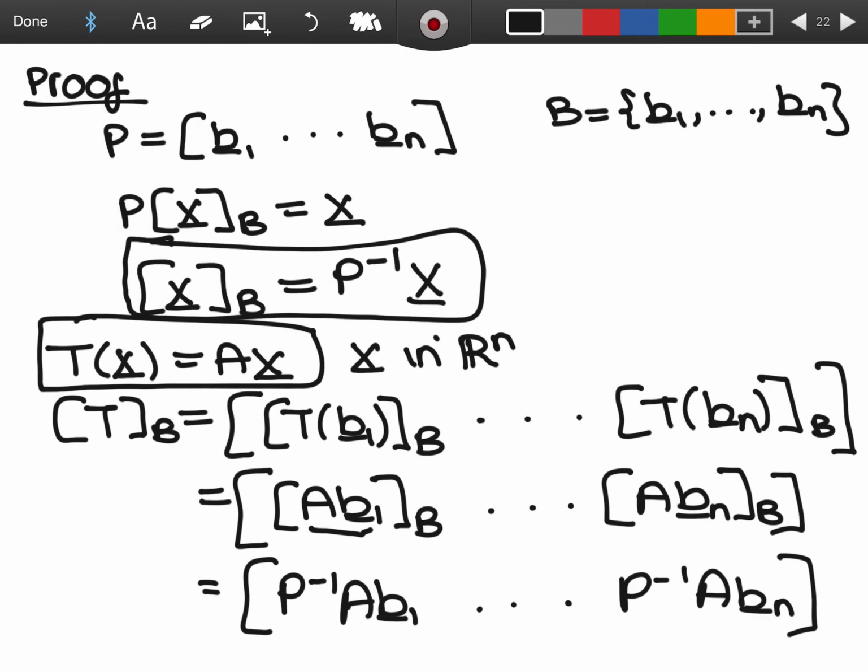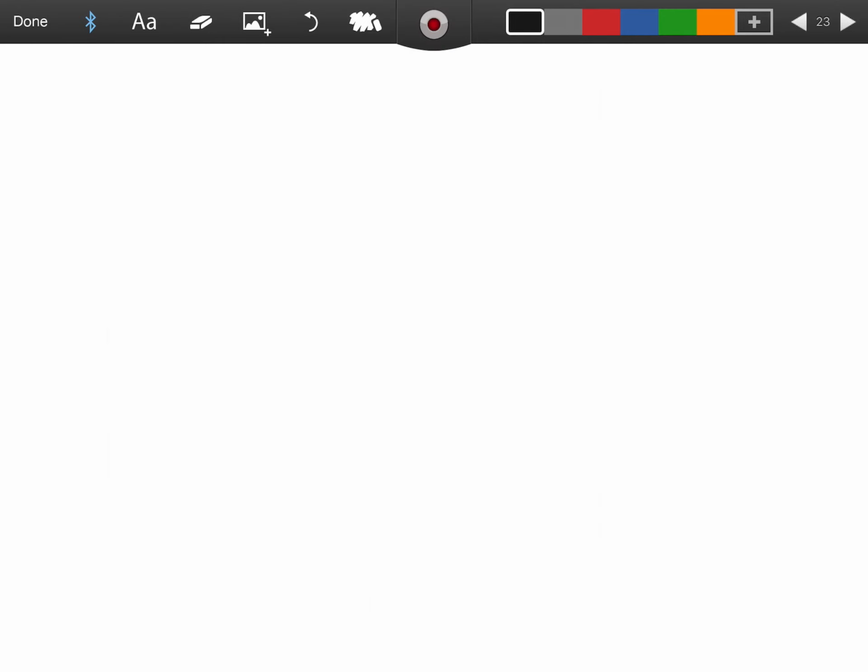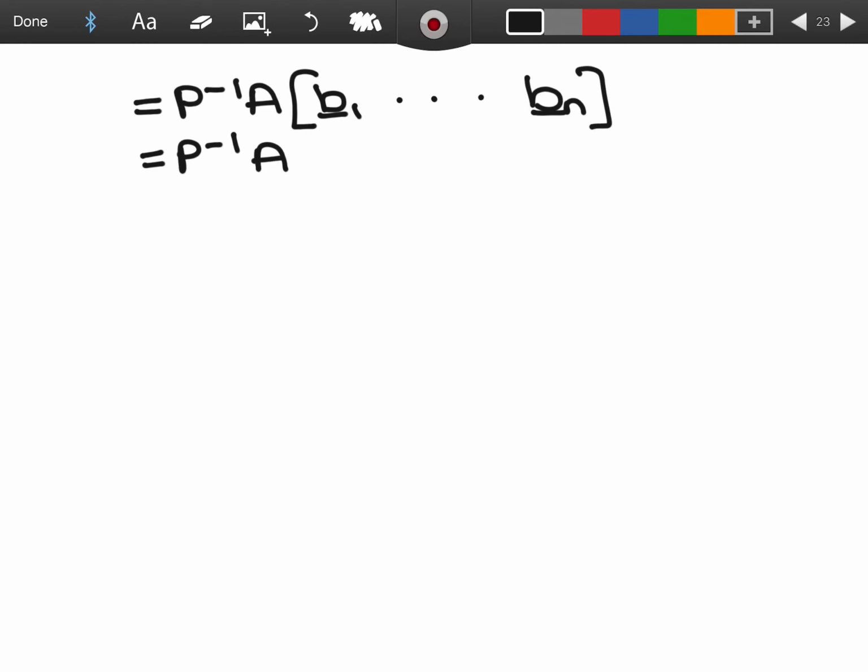Now, I have two matrices, P inverse and A, in every single column of that matrix, so I'm going to factor them out. That gives me P inverse A, and then I'm left with my columns as B1 through Bn. Well, that is just the matrix P. So this thing is P inverse AP.